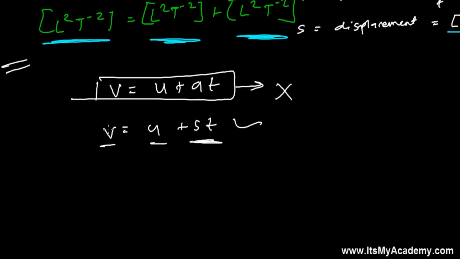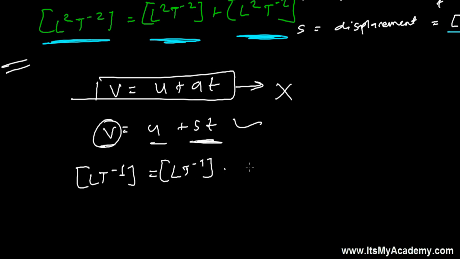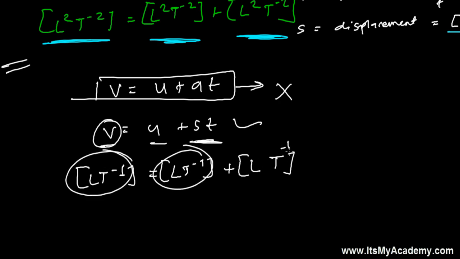So v has dimension LT^-1, u also has LT^-1, and here s means L and t means time. So see here, LT^-1, LT^-1, and LT^-1 is not here. It means this relationship is not correct. This is wrong.